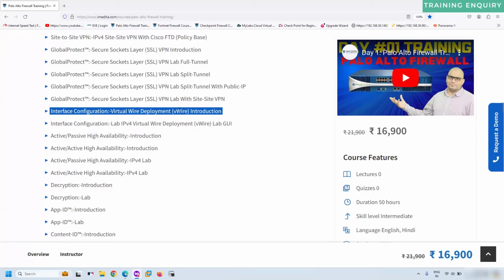Next, we have the section of interface configuration, and here the feature name is vWire, virtual wire. What is virtual wire? Firewalls of all vendors, Cisco firewall, Palo Alto firewall, FortiGate firewall, and Checkpoint firewall, can be deployed in two ways, as an L3 device or as an L2 device. Palo Alto L2 deployment is virtual wire.